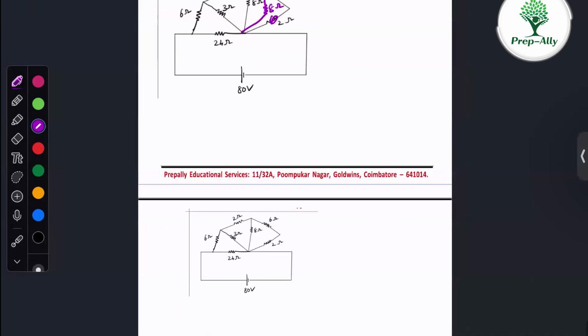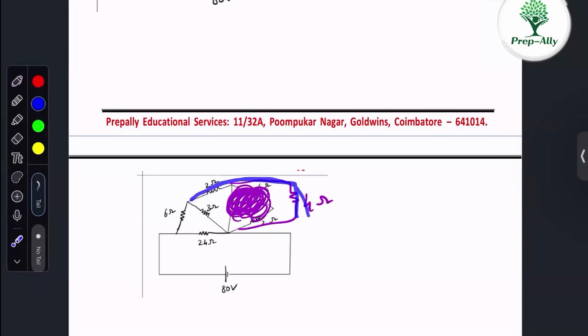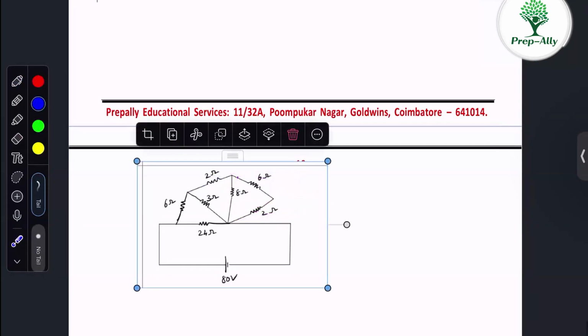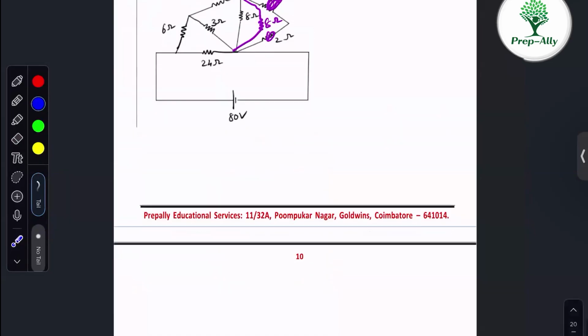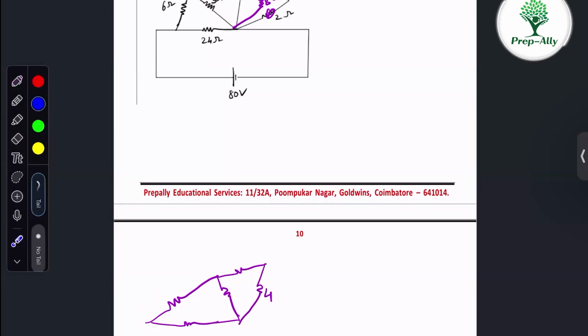Then 8 and 8 in parallel together, we can write as 4 ohms.